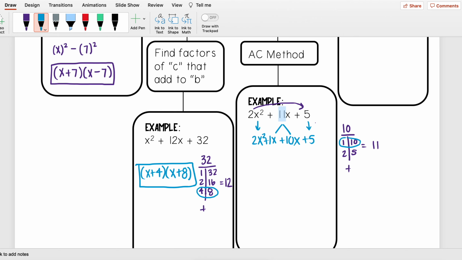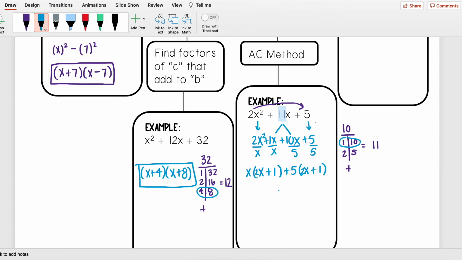And now from here, since we have 4 terms, we can go ahead and factor by grouping. And so my GCF in my first pair is just x. My GCF in my second pair is 5. So when I factor out x, I'm left with 2x plus 1. When I factor out 5, I'm left with 2x plus 1.